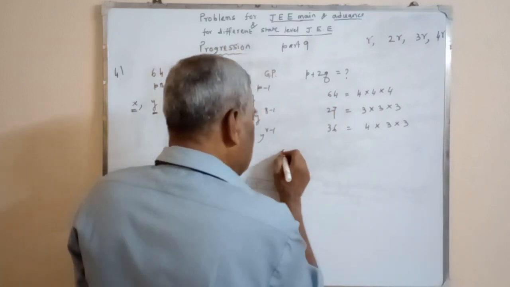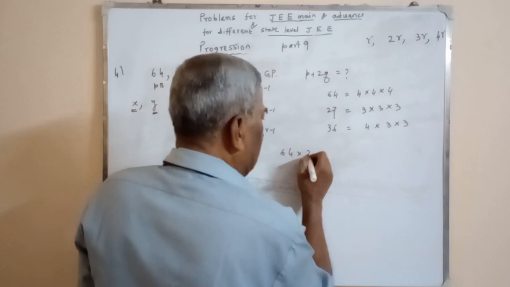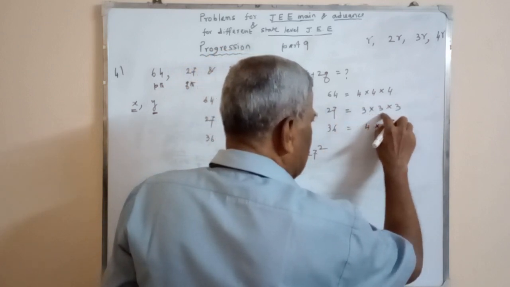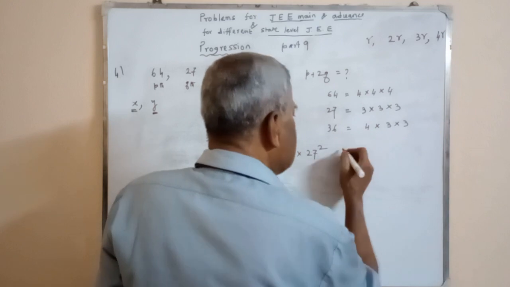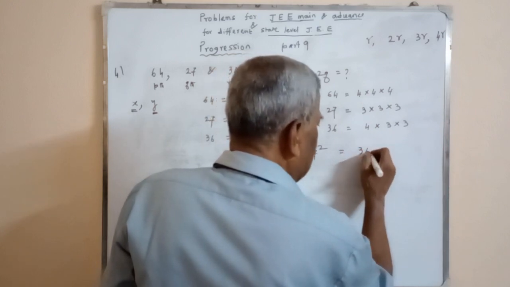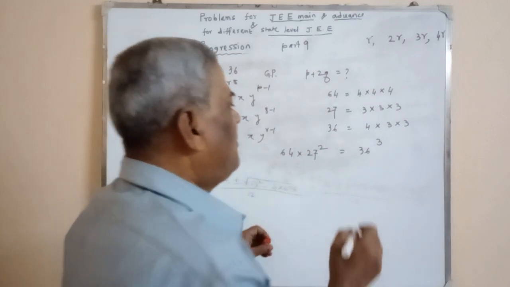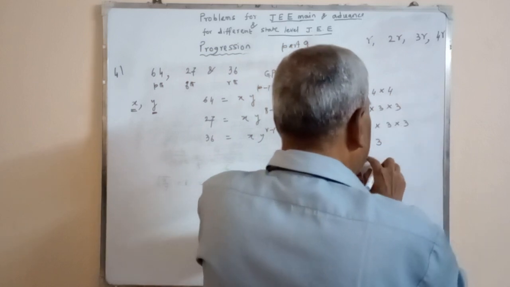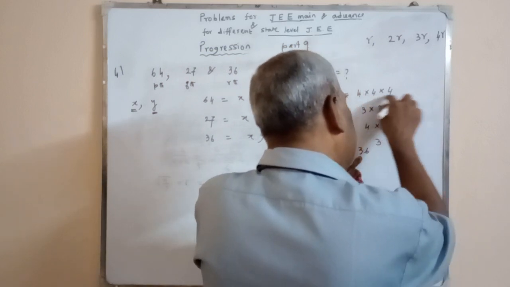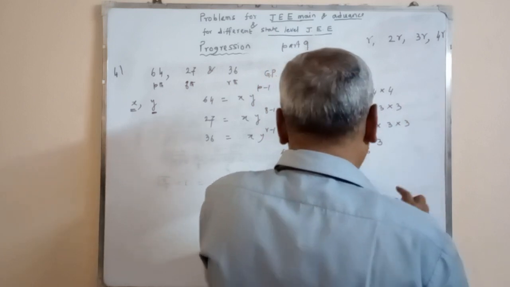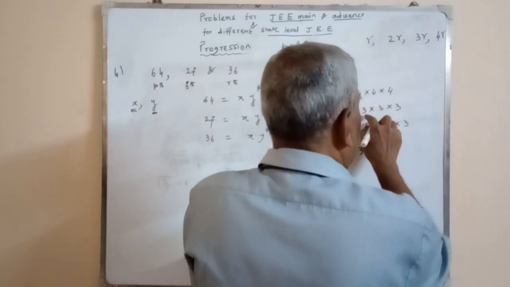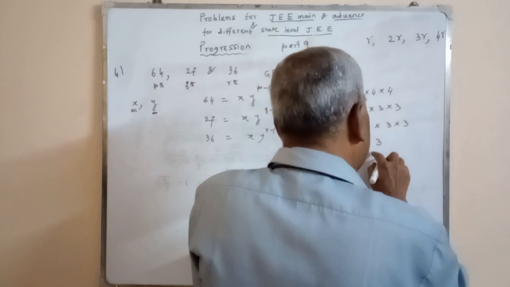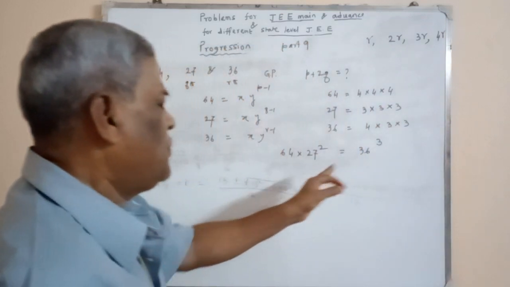You see, 64 into 27 square, that is 3 to the power 6, must be equal to 36 whole cube, because in 36 it is 4, so 4 cube is there, and 9 cubed gives 3 to the power 6. So this way we can factorize it.